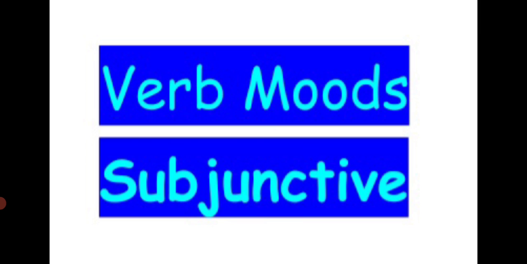It is urgent we evacuate during a fire. That means the same thing as it is urgent that we evacuate during the fire. Number 2, I suggest you study for the test. That is the same sentence as I suggest that you study for the test.